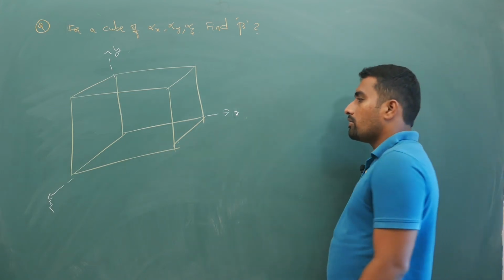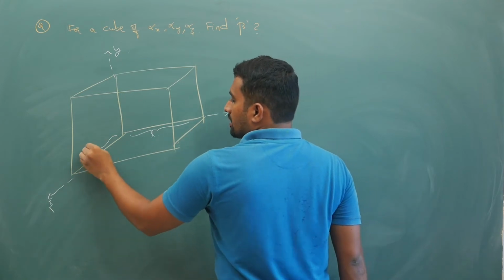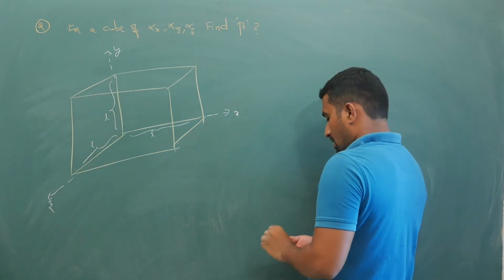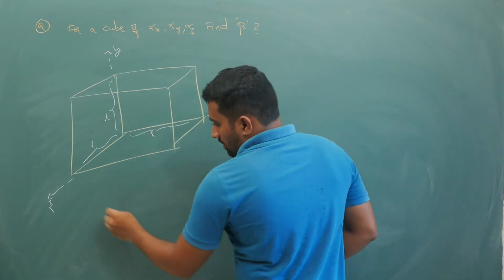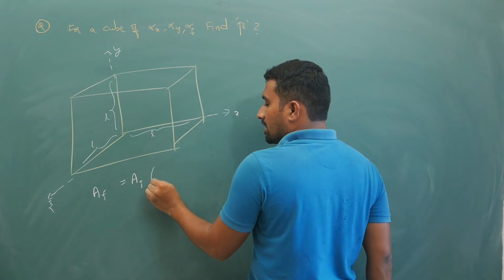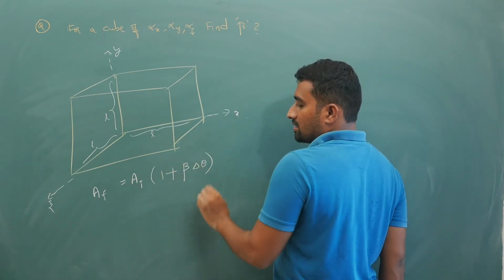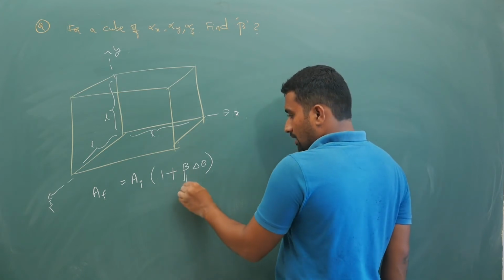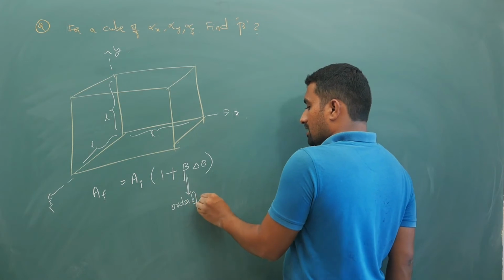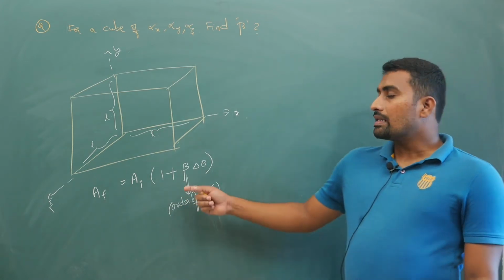This side the length is L, this side the length is L, this side the length is L. Now your final area is initial area times 1 plus beta into delta theta, and your beta is in the order of 10 power minus 6, so compared to 1 this is small.